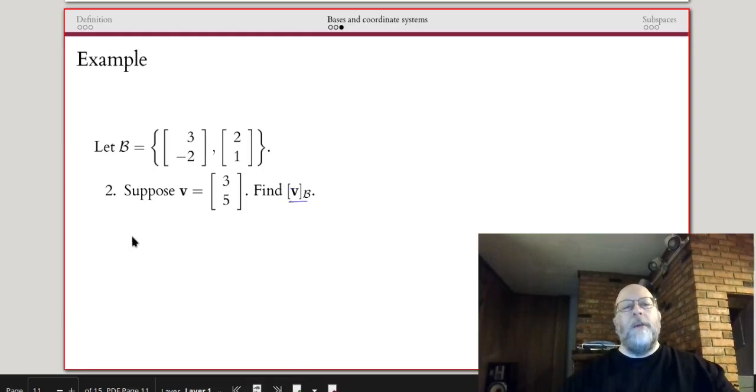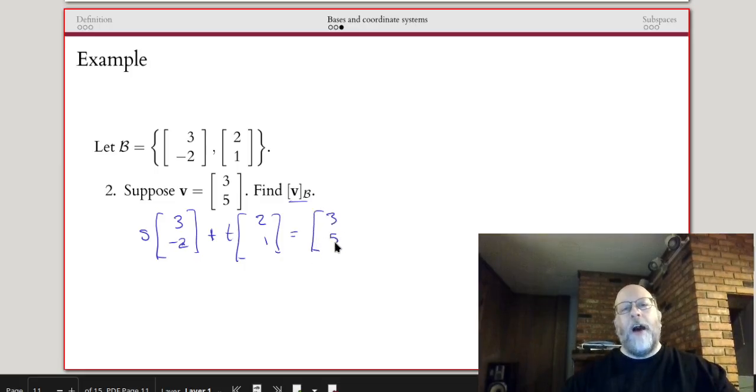So what this means is that there is some number s that we can take that many copies of 3, negative 2, and some number t, and we can take that many copies of 2, 1, and the result is going to be 3, 5.